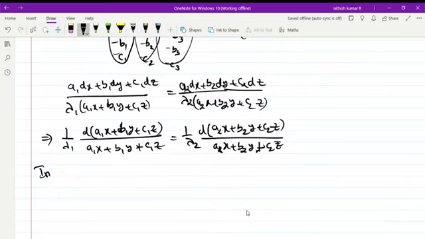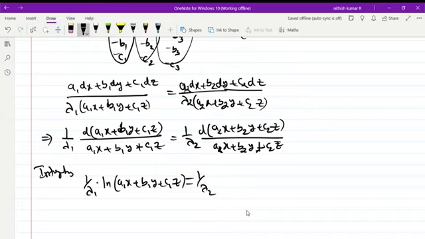Now integrating, we will get 1 by lambda 1 into, since the integration of a function whose derivative is in the numerator is the log, ln of a1x plus b1y plus c1z. Similarly, on this side it's 1 by lambda 2 into ln of a2x plus b2y plus c2z, plus an integration constant, let's say ln c1, where c1 is a constant.